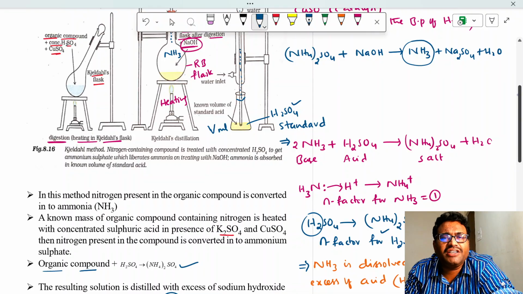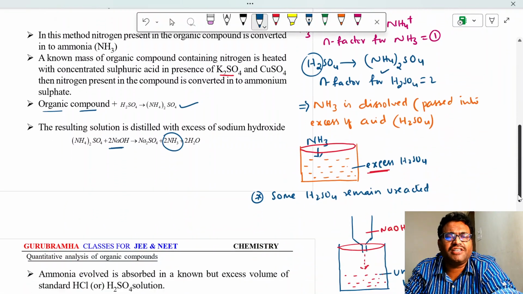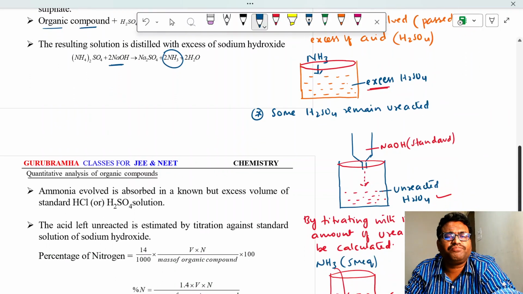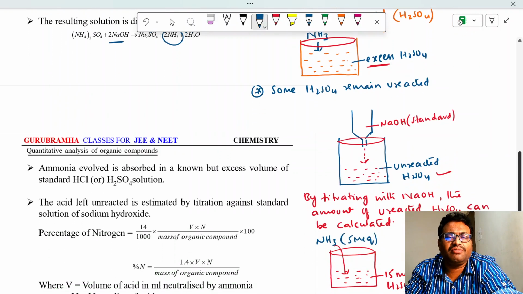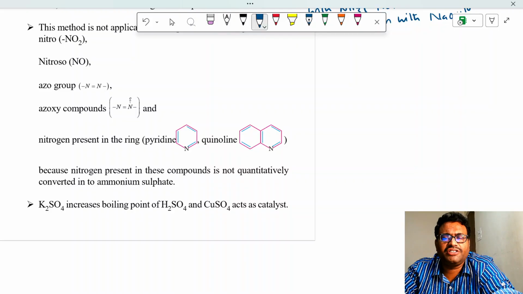This ammonia is passed into excess of H2SO4. How much ammonia is reacting with the H2SO4 can be calculated by titrating the unreacted H2SO4 with NaOH. This is the actual procedure that happens in the Kjeldahl method.